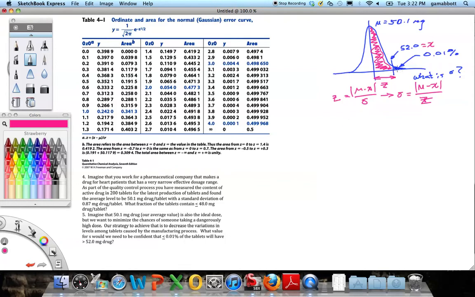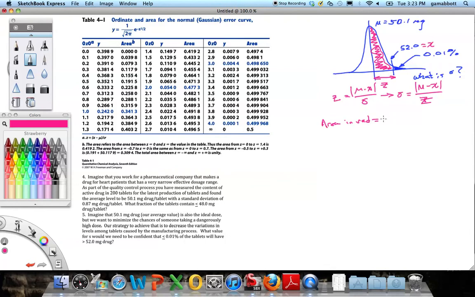To get to z, we're going to have to use the area in red. We know that the area in red plus the area in blue sum to 1/2. So the area in red is the area that we want in the table.